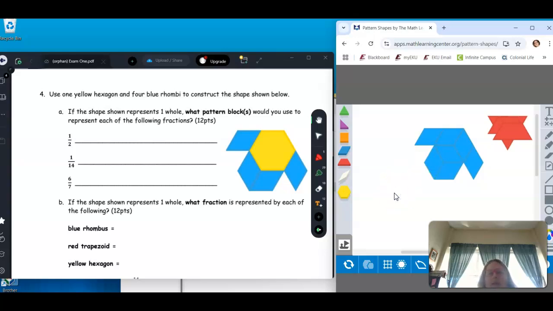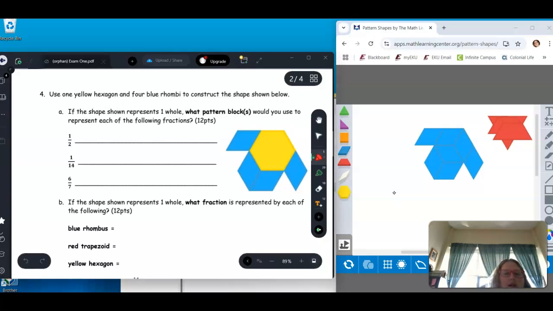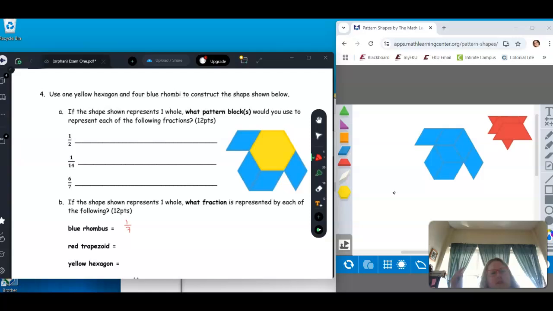Based on that, I know that the answer to part B is that the blue rhombus represents 1/7, because there are 7 sevenths in a whole and there are 7 rhombi in this whole.